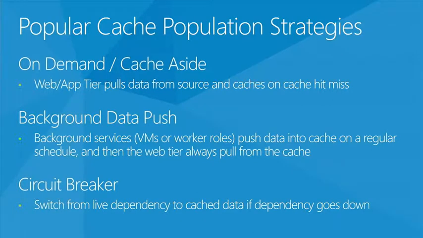What I might instead do is use a background data push, where all the web tier and all the mobile clients are going to hit the cache always and only, and then I'm going to have a background service that's just running, that once a minute hits San Francisco, gets the results, and then pushes the results into the cache. And that way your web tier is always going against the cache. And that means I don't have to ever worry about thousands or millions of users hitting my backend data source.